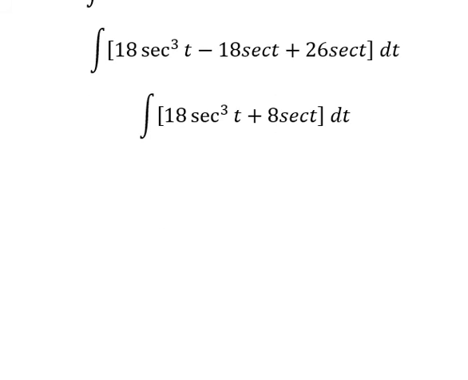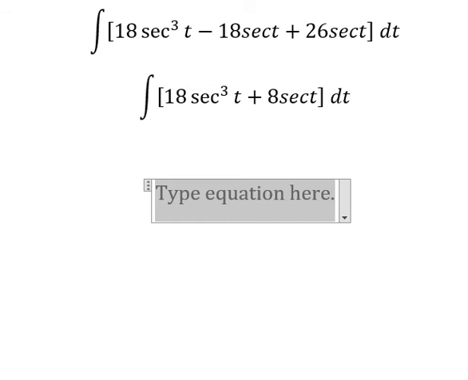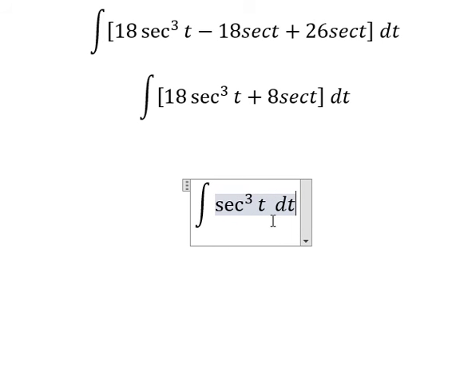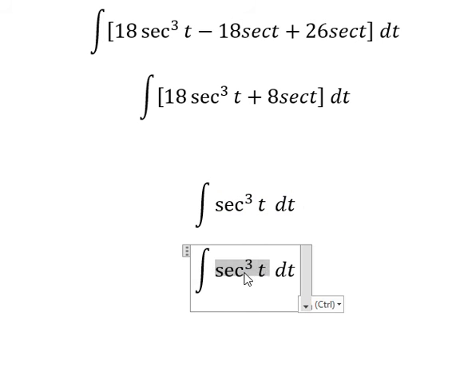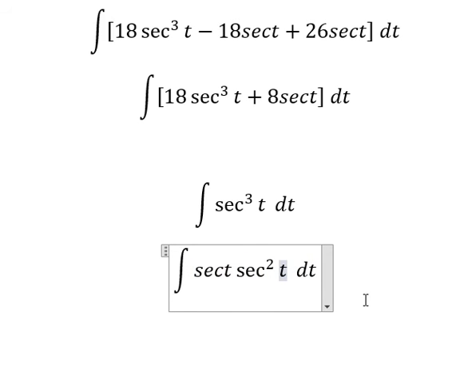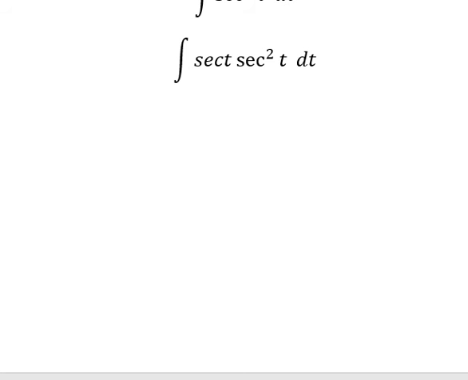Now I will concentrate on this integration in here. About this one, I can put it as secant t multiplied by secant squared t. And now we can use integration by parts.